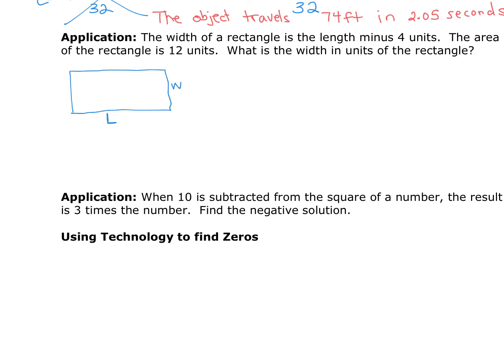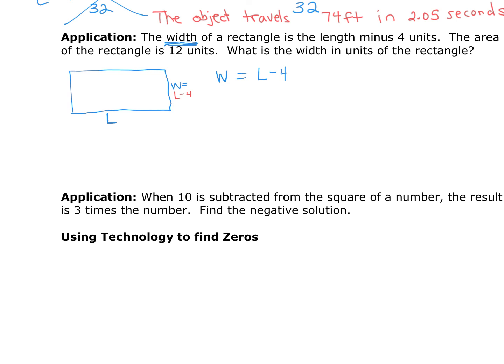And what we know is that the width, W, is the length minus 4. So we could write that down here, length minus 4.